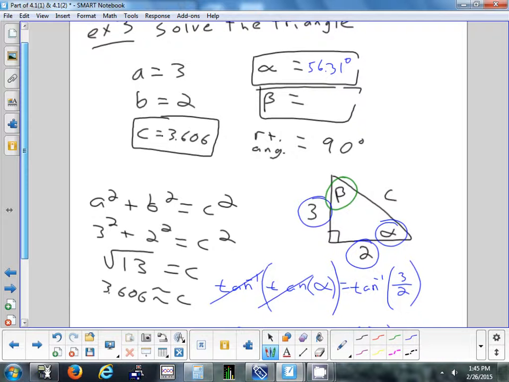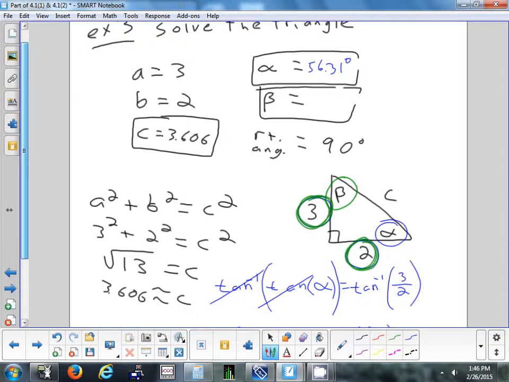We'll finish up finding beta the same way. Find beta. Use the 2. And use the 3 again. Which trig function this time? It's tangent again. But it's not quite the same thing. What happened? Yeah, the 2 and the 3 switched places in terms of opposite and adjacent.